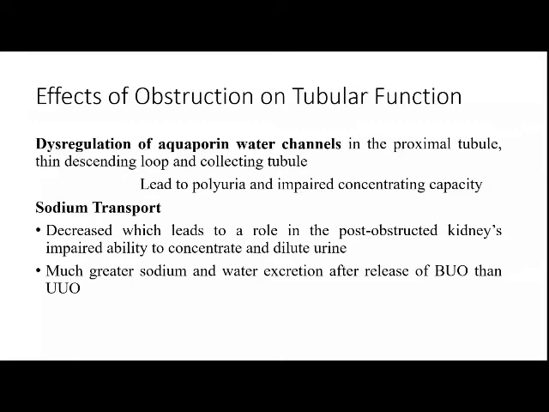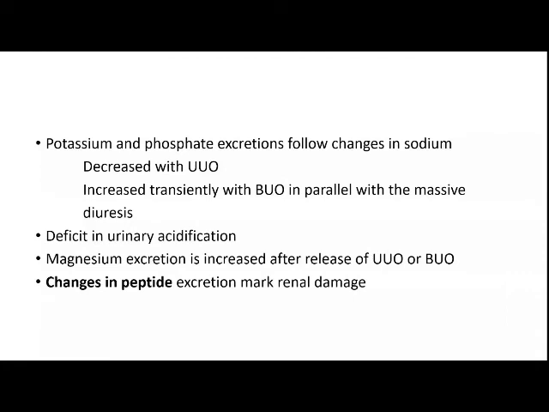There is a much greater sodium and water excretion after relief of bilateral obstruction compared with unilateral obstruction. That means there is much more damage to tubular function in bilateral obstruction. Potassium and phosphate excretion follow along with sodium.